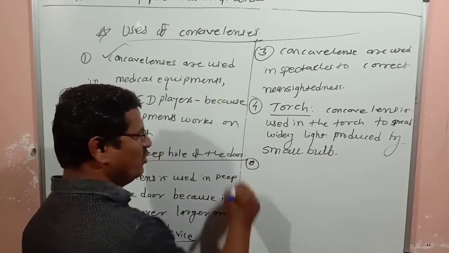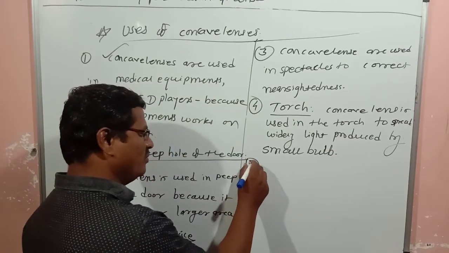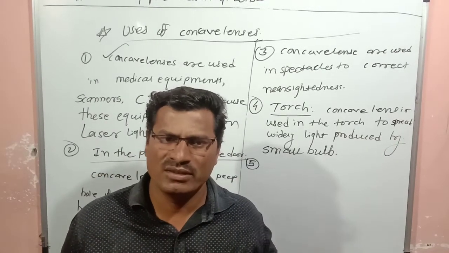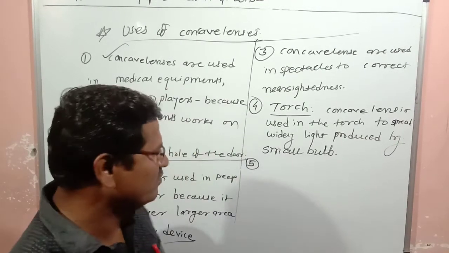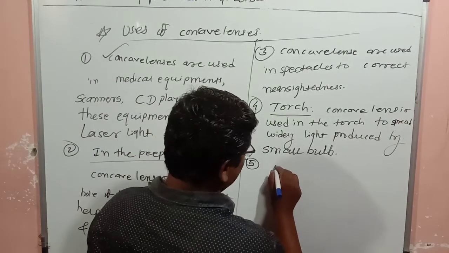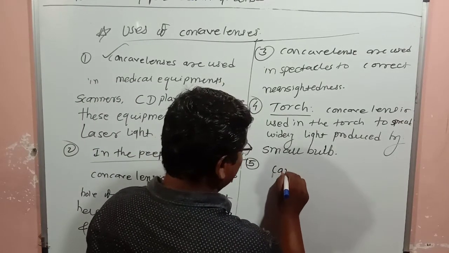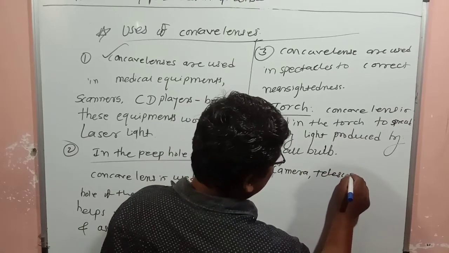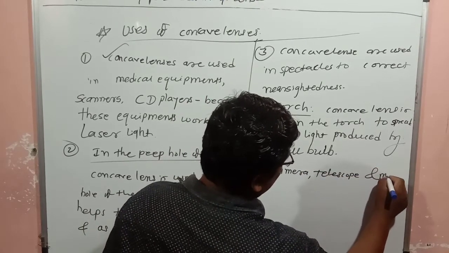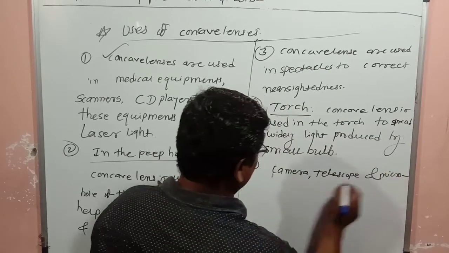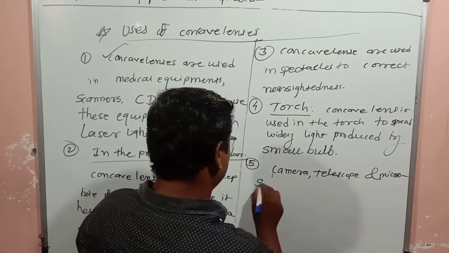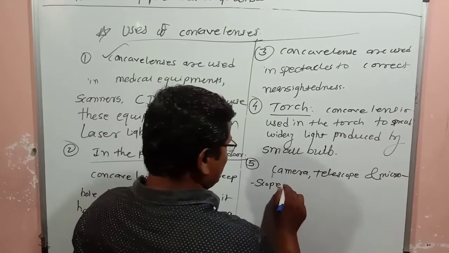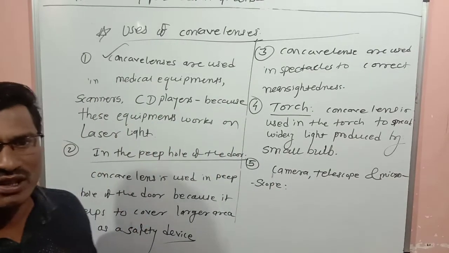And the fifth point is there, and what is that fifth point? That fifth point is in the camera, telescope and microscope. So why are concave lenses used?